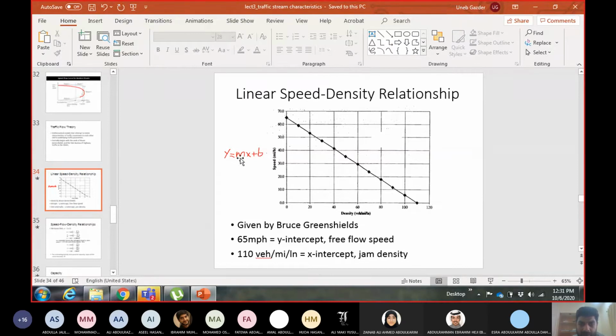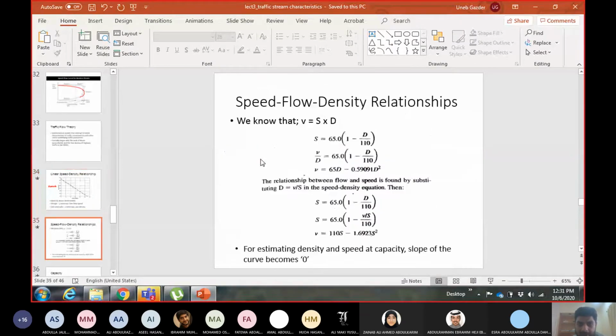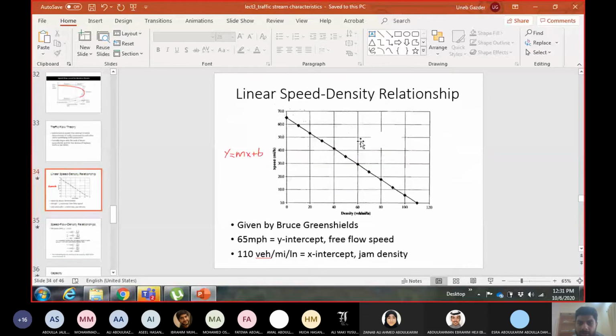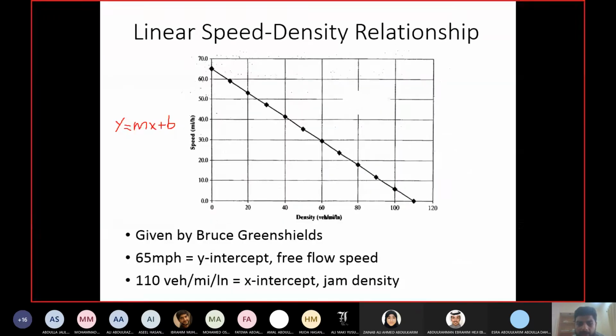Okay, now m has 65 and b is also 65. So the final equation, this is the final equation. Okay, so I have taken 65 as common outside because b was 65 and m was also 65 upon 110. So when you take 65 as common outside, you will get this equation.